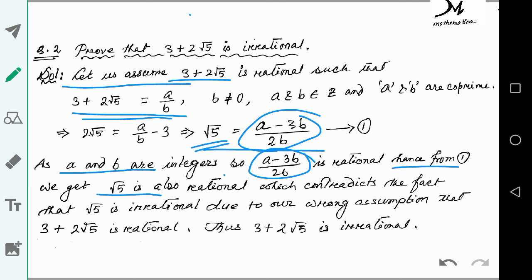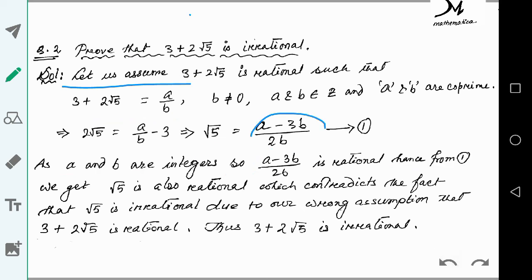So from equation number 1, you have seen that this is equal to root 5. As we have got that this is rational, therefore root 5 must also be rational. If both sides are rational, then they can be equal. So we have got root 5 is rational. But the fact is root 5 is irrational.